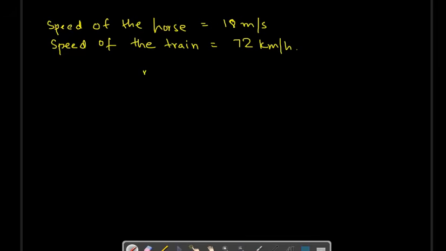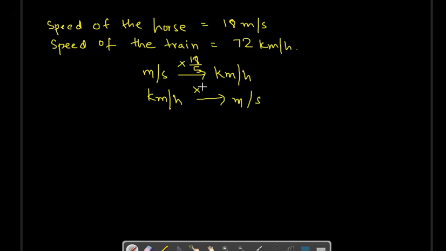Okay, so in the beginning also I have told you to convert meter per second into kilometer per hour. What we need to do, we have to multiply it with 18 upon 5, and to convert kilometer per hour to meter per second, you have to multiply it with 5 upon 18.